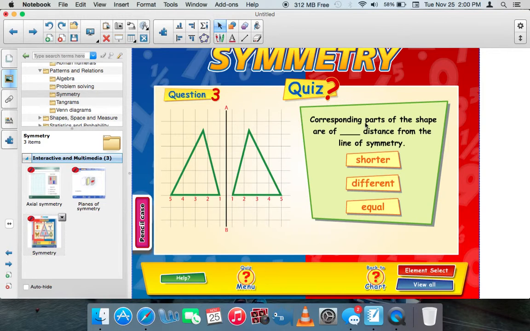Corresponding parts of the shape are of blank distance from the line of symmetry. So this is the line of symmetry, and then corresponding parts. This part corresponds with that part.